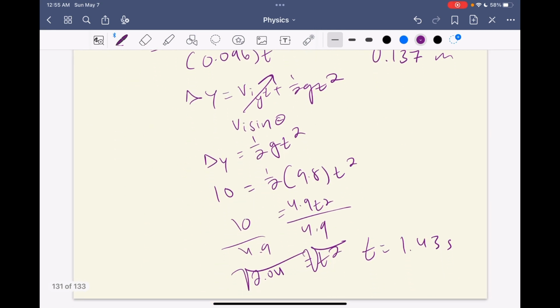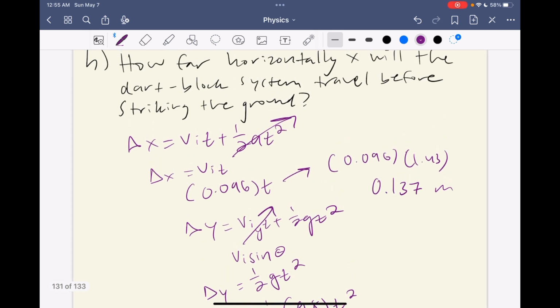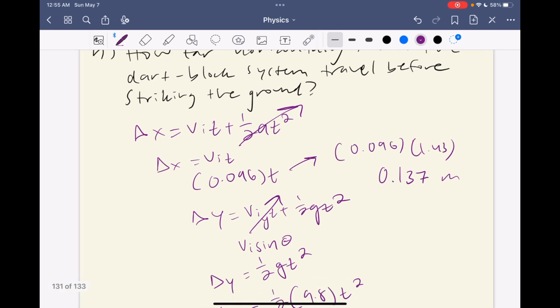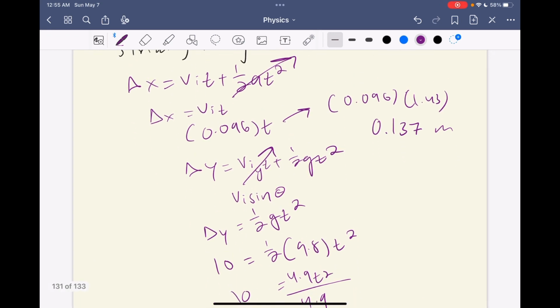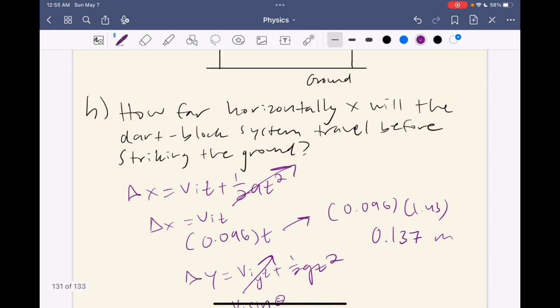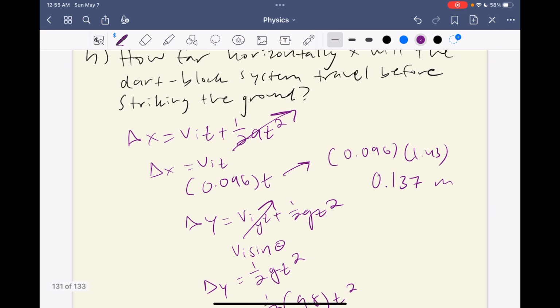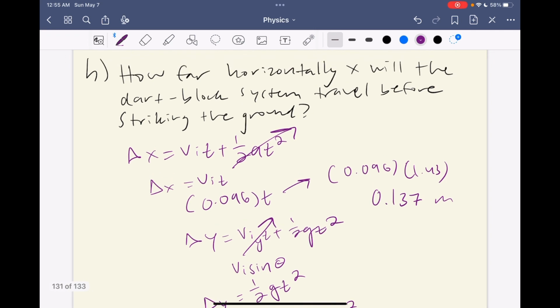Why does that not make sense? Okay, 0.137 meters is how far it'll travel, I believe.